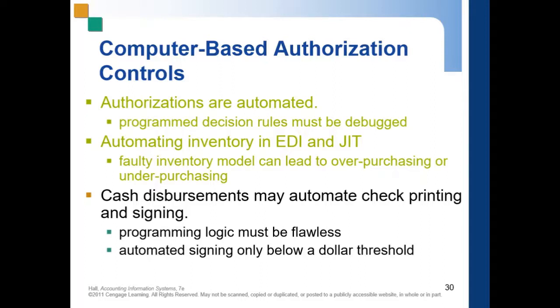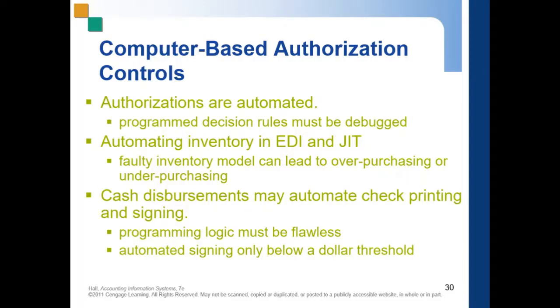But if it is more than 10,000, you need to print a check with a blank signature, and then you need to ask for the signature from the authorized personnel who will sign the checks. So that is one way of implementing authorization controls in a computer-based system.